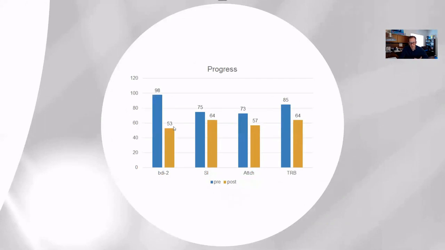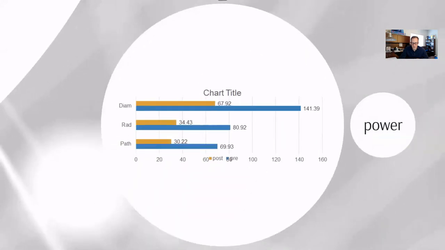So basically her depression is gone. Her suicidal ideation has lessened. Her attachment issues have lessened. Her dissociative or tension reduction or self-harm behaviors have lessened dramatically. All in about 12 sessions. Each session is only about 10 to 15 minutes long.